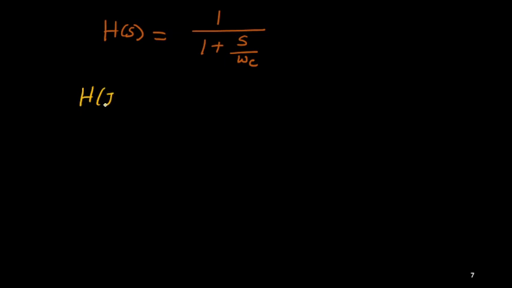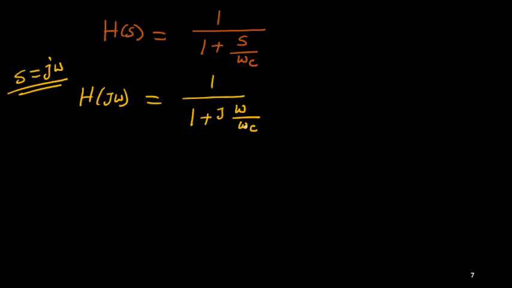So it is H of j omega. Just replace S by j omega on both sides. So left side will become H of j omega, and right side will be 1 over 1 plus j omega over omega c. Okay. So what is the magnitude? So can you now find out?